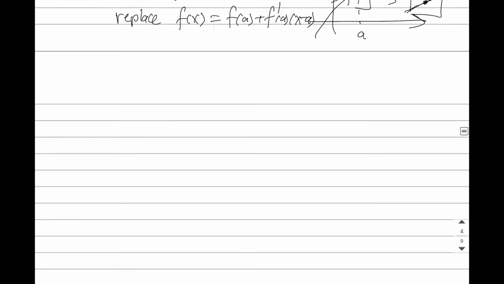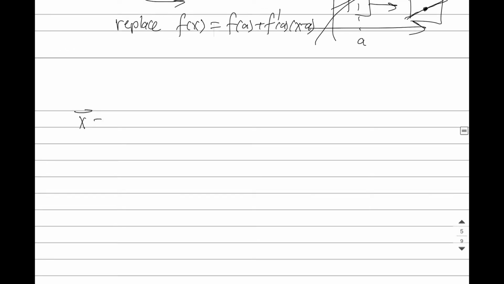So for a system that looks like this, let's say x prime is equal to f of x as a vector field, we'll be concrete and talk about a two-dimensional field. So we'll have some f of x and y, and we'll have y prime as some g of x and y.